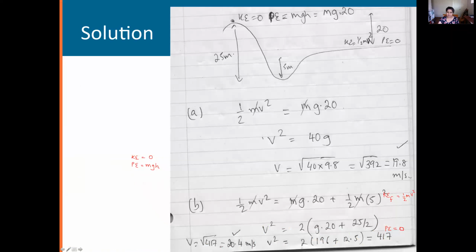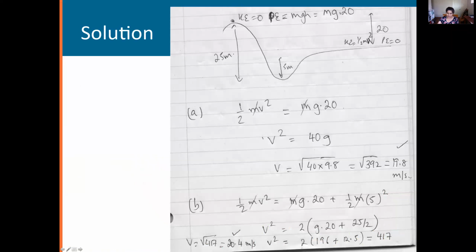And you actually want to sit down and do the solution before you look at it. Okay, so for part A, the initial velocity is 0. We have 1/2 mv squared equals mgh. This gives me a velocity v of almost 20 meters per second, which is 19.8 exactly. Part B, I have some initial kinetic energy here.